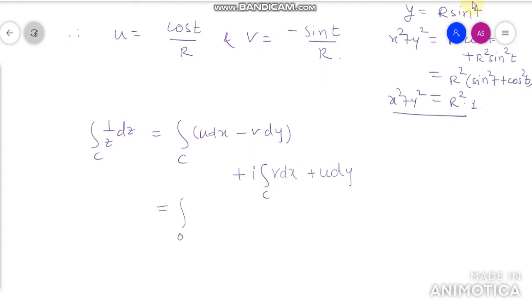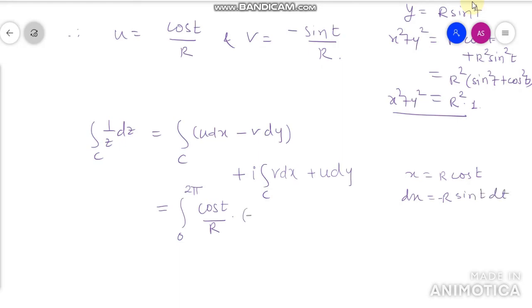Our integral reduces to 0 to 2 pi. u is nothing but cos t upon r, and here it is dx. So dx is nothing but, as x is equal to r cos t, then dx is equal to minus r sin t dt.